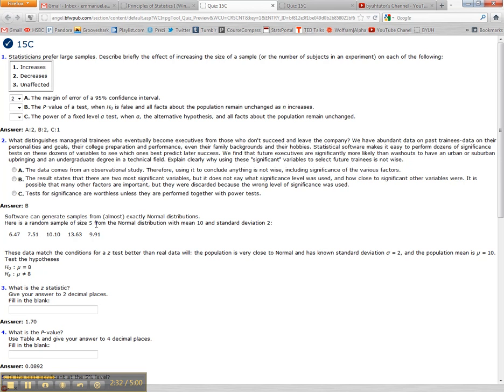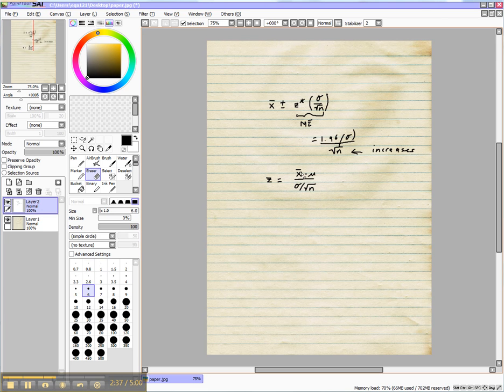So the p-value, to calculate p-value, we're using this formula right here, z is equal to x bar minus mu. So again, we're looking at n, so n is increasing, it's really big. So again, you're dividing sigma by square root of n. So as n becomes bigger, you're dividing by a bigger number, so sigma becomes smaller. So this whole denominator gets smaller if you're dividing by a bigger n.